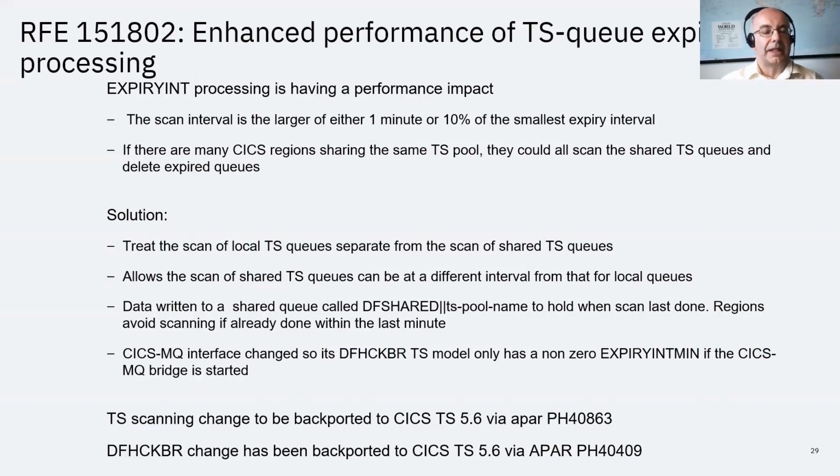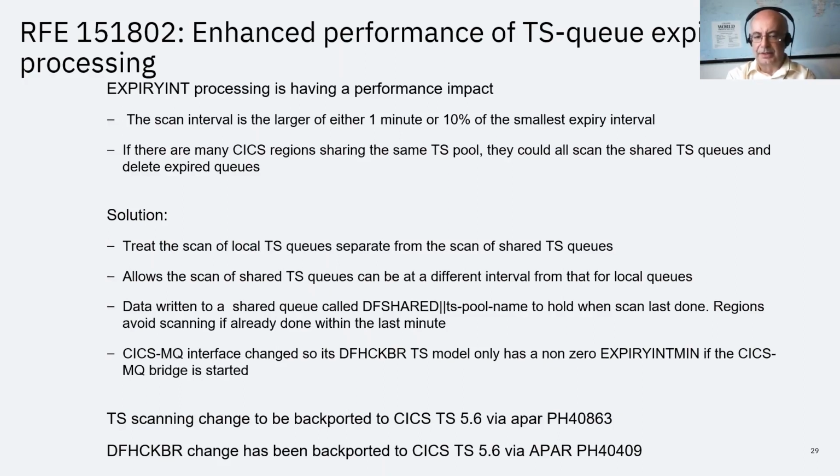And only if the MQ bridge is started will we revert back to the value that we previously used. So that will avoid customers who are not using the MQ bridge from suffering from unexpected scanning.